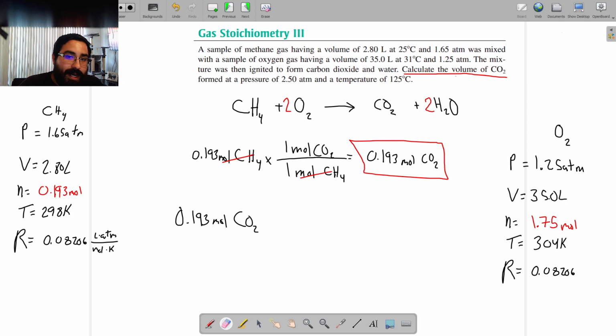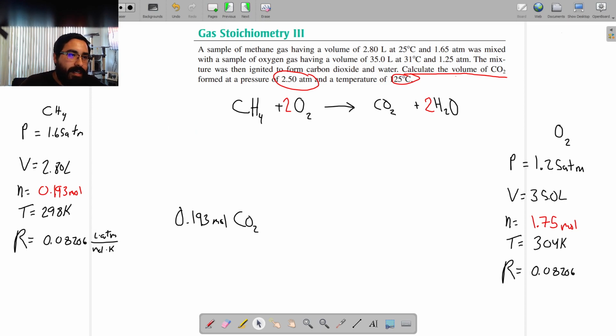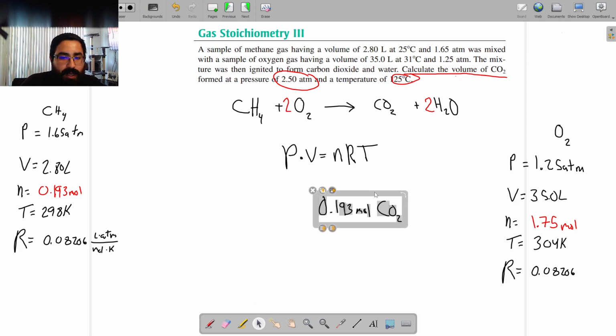Unfortunately, what we got to do is, well, we got pressure, we got temperature, we got moles. So we are doing the same ideal gas law: pressure times volume equals N times R times T. And we got the moles, so we're putting that on the right hand side.